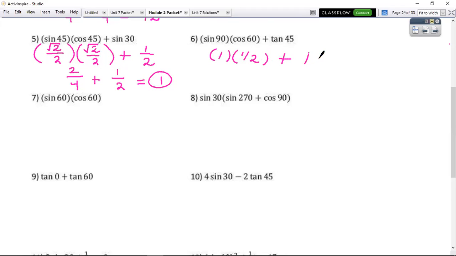So I have 1/2 plus 1, which would be equal to 1.5 or, yep, 3/2, doesn't matter. That one I'm okay if you use a decimal, obviously, because it terminates.